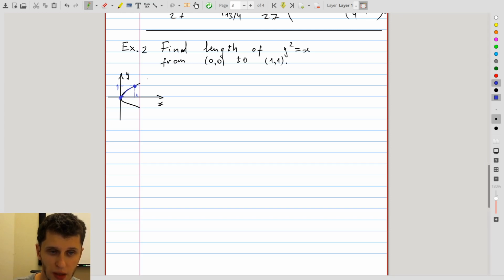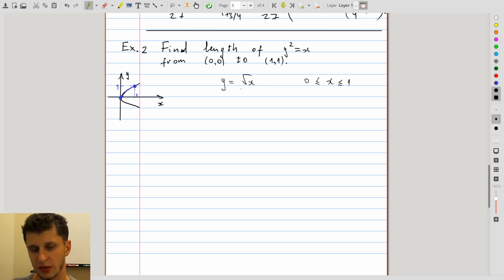If we think of it as a graph of y equals square root of x, x between 0 and 1, then this is not a pleasant curve to study because, first of all, its derivative, which we will need in order to set up our arc-length integral, is equal to 1 over 2 square root of x, which becomes infinite when x is 0.